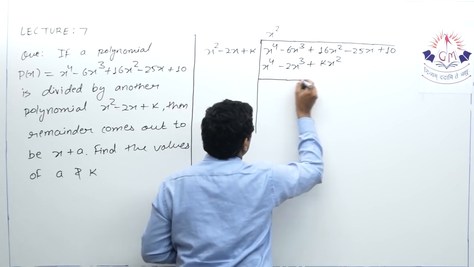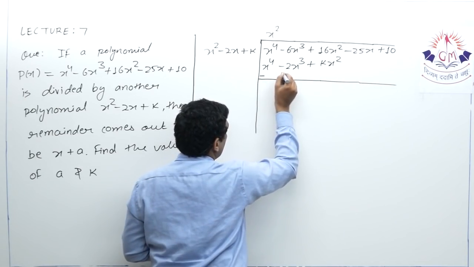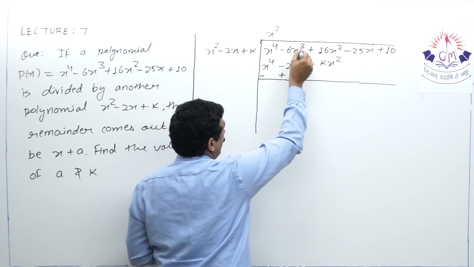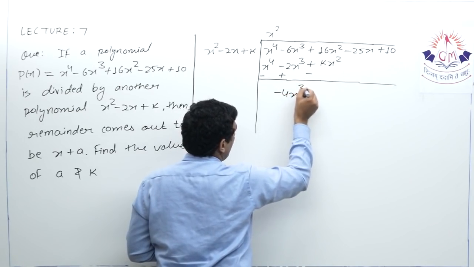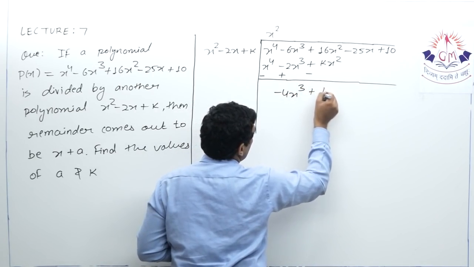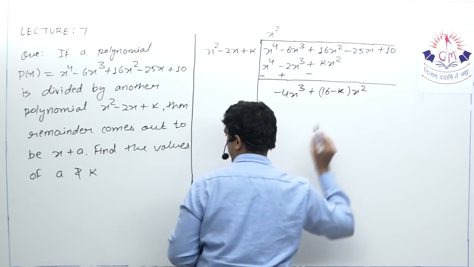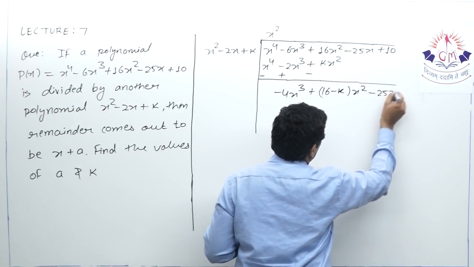Now I'll subtract. Here the signs become negative, positive and negative. These two will cancel out. Minus 6x cube plus 2x cube is minus 4x cube, and over here 16 minus k x square. Now I will bring down the next term, that is minus 25x.